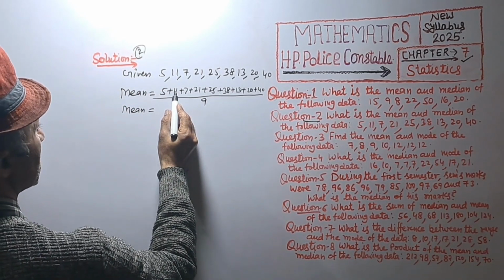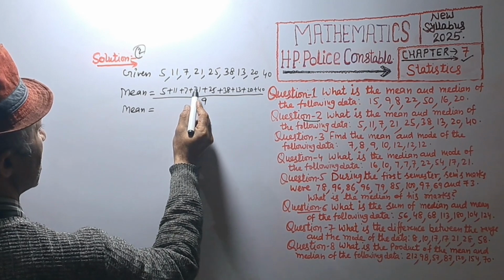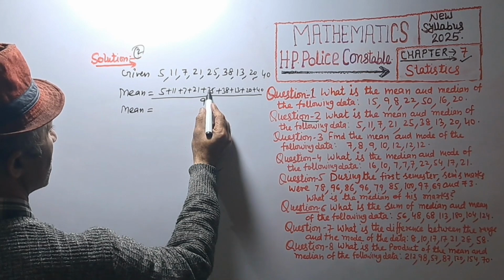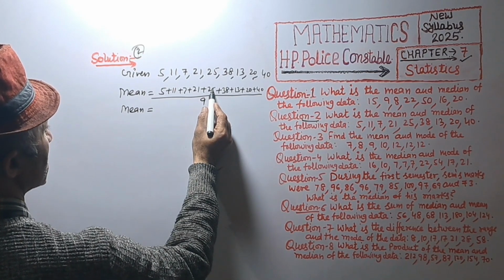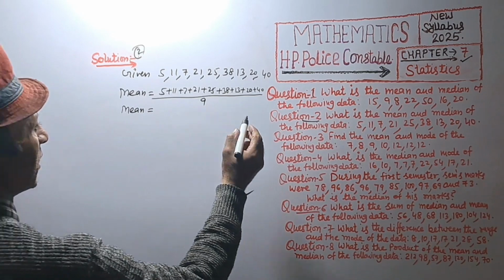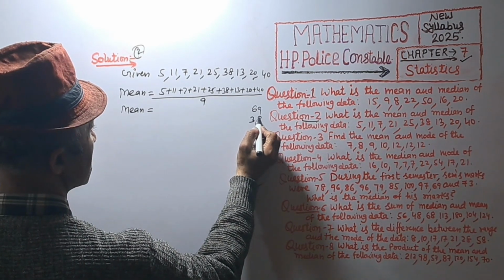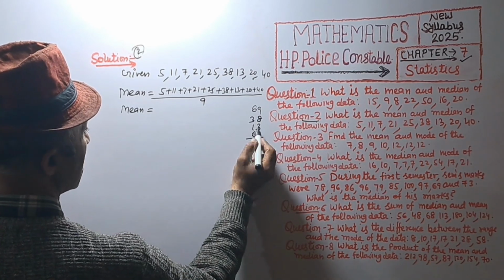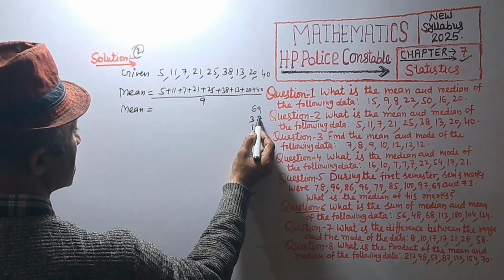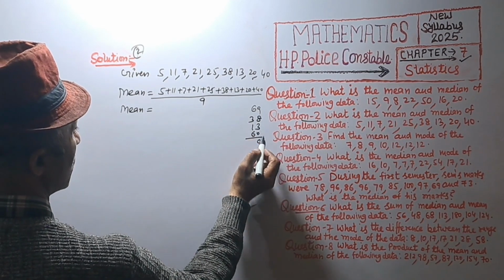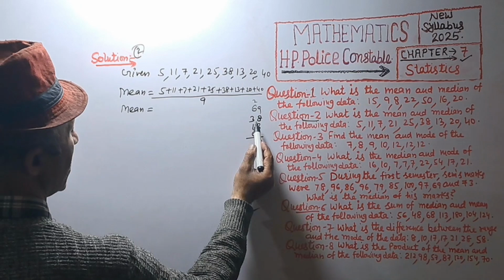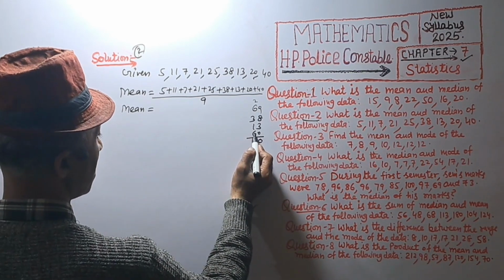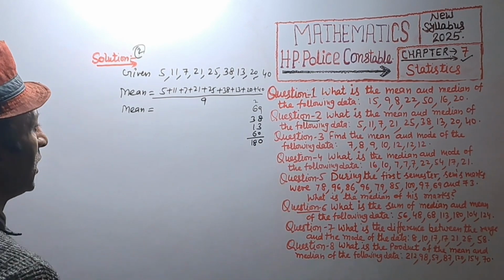5 plus 11, 16. 16 plus 7, 23. 24, 34, 44, 54, 64, 64 plus 5, that is 69, and 69 plus 38 plus 13 plus 20 plus 40, that is equal to 180.